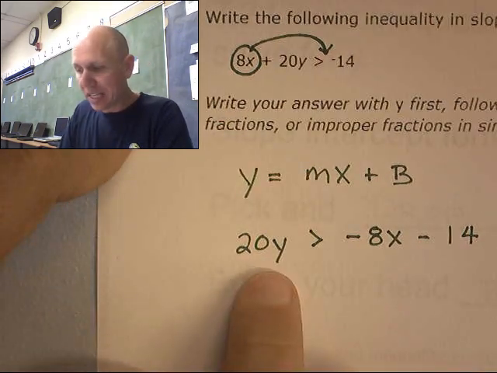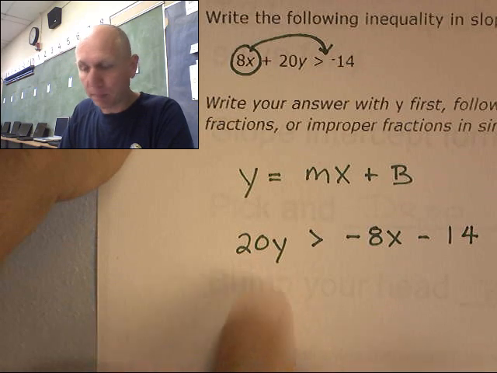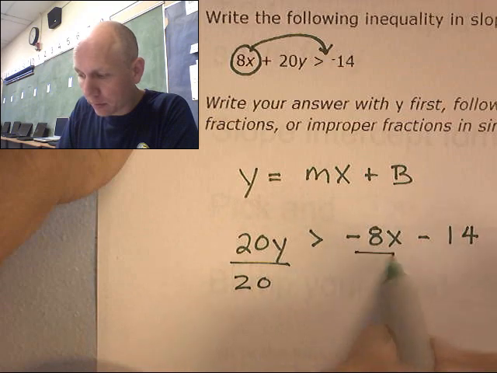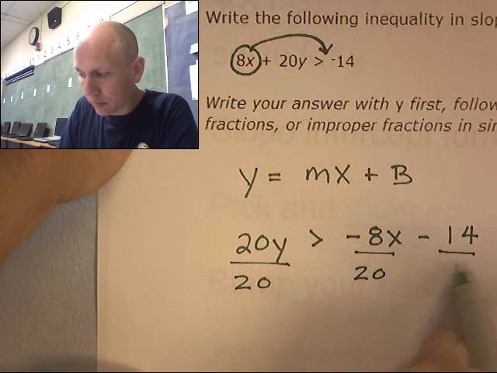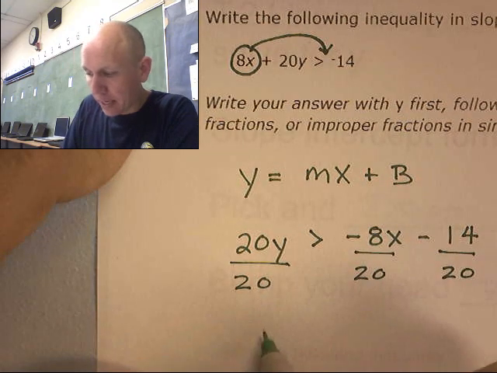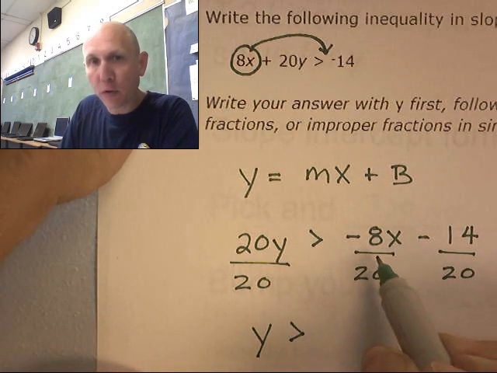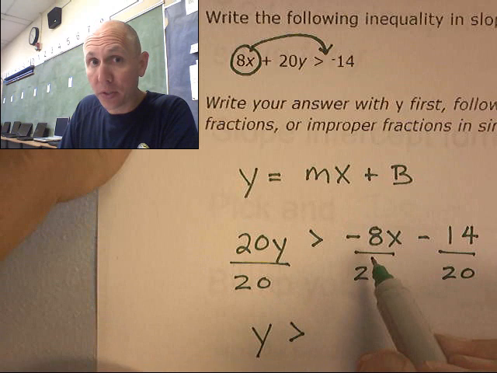The 20 is messing everything up. I'm going to divide everything through by 20. I now have y is greater than negative 8 over 20, but that can reduce.